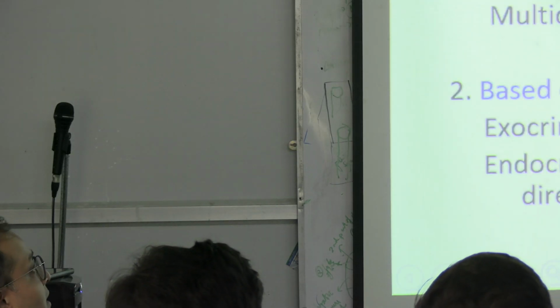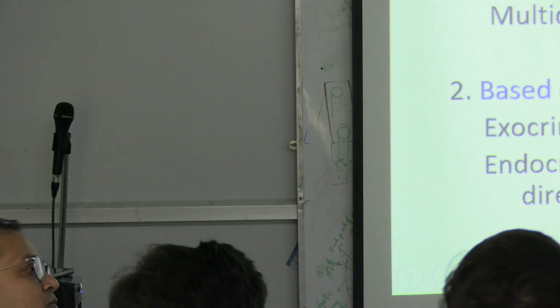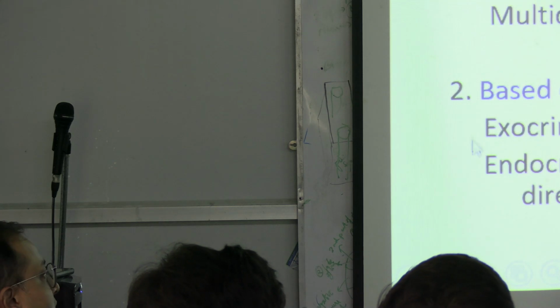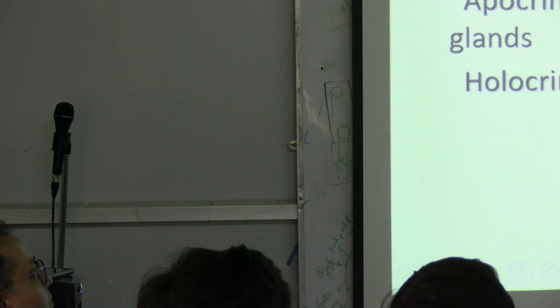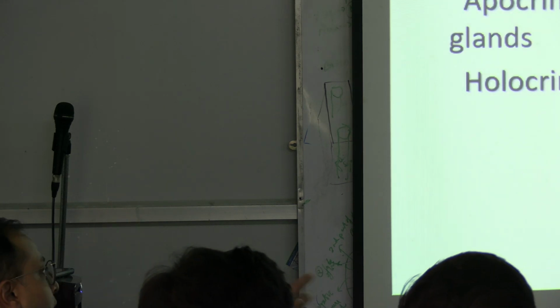So, based on the cell, it may be one cell, maybe two cells. We can classify the gland as unicellular or multicellular. Likewise, based on the duct, we can classify exocrine, endocrine. Clear? Next, how this gland is doing the secretion, we can classify merocrine, holocrine, apocrine.